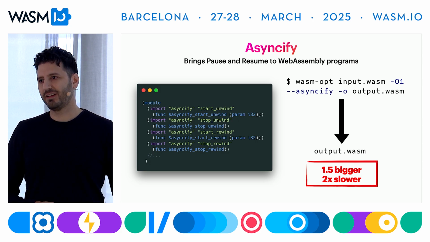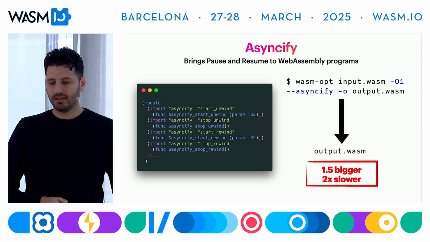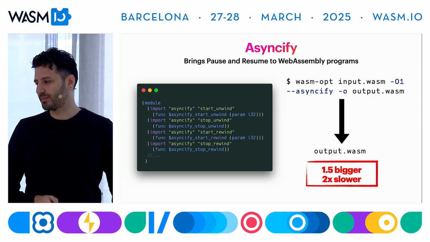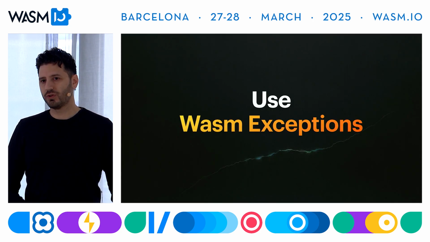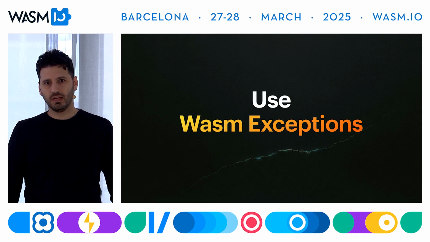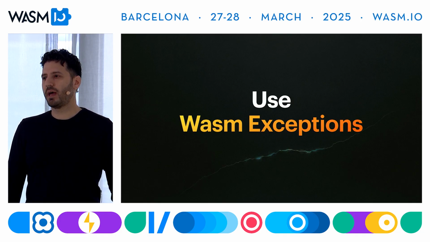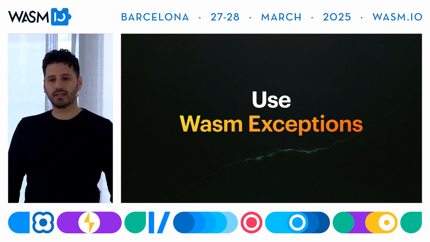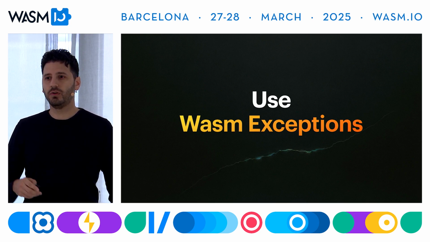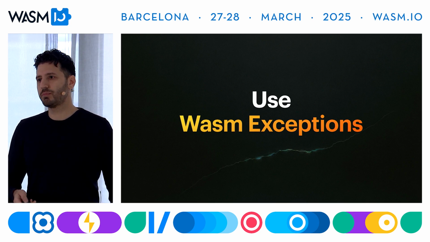So we were like, what can we do to get to more reasonable speeds? And the answer was to use WebAssembly exceptions. WebAssembly exceptions allowed us to avoid Asyncify, and to use longjmp and setjmp through WebAssembly exceptions.